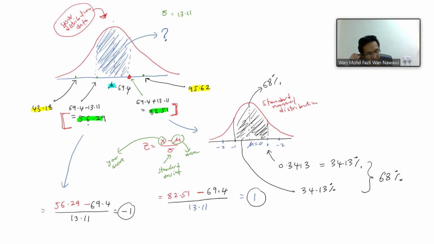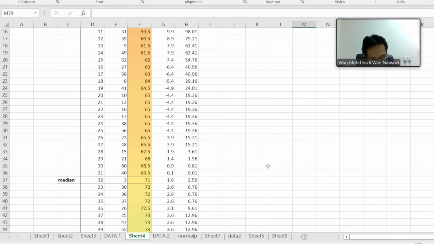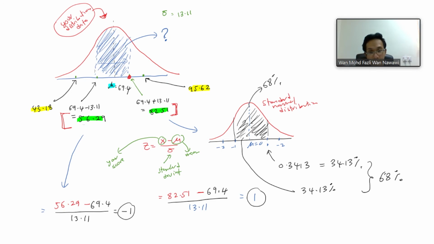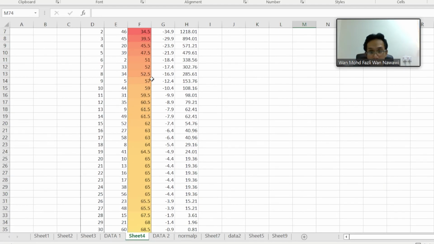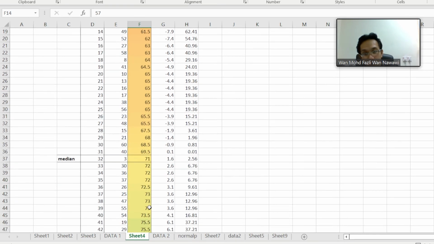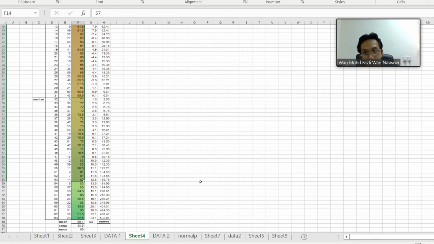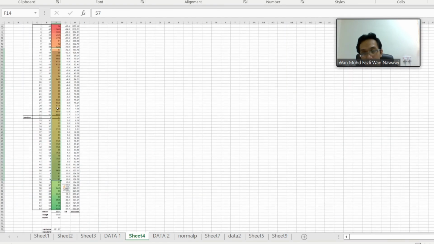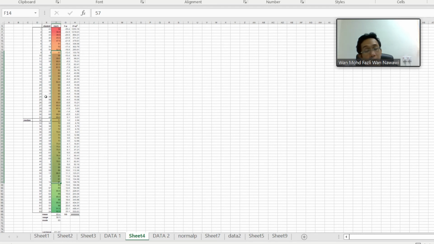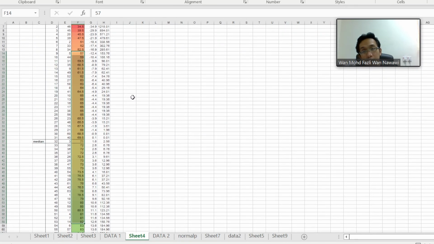From around 56 to 82, from that highlighted part, this makes 68% of the total population.